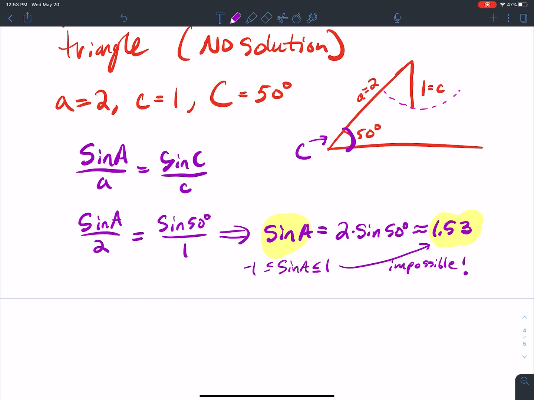So since there's no angle A for which sine of A is greater than 1, there can be no triangle with the given measurements. No matter how side C is positioned, it will never touch this B side over here. Okay, so no solution.